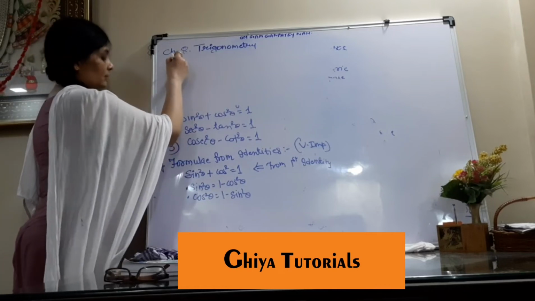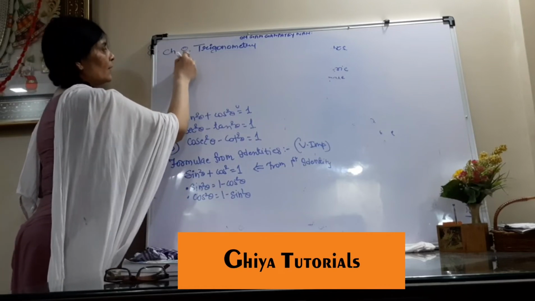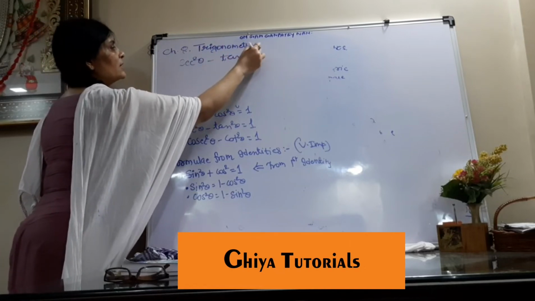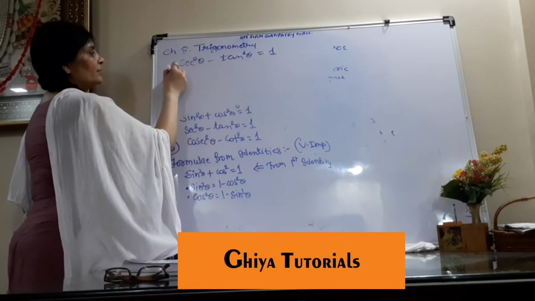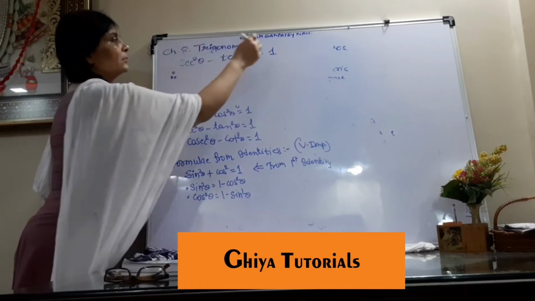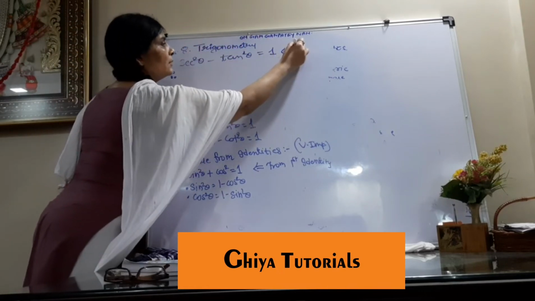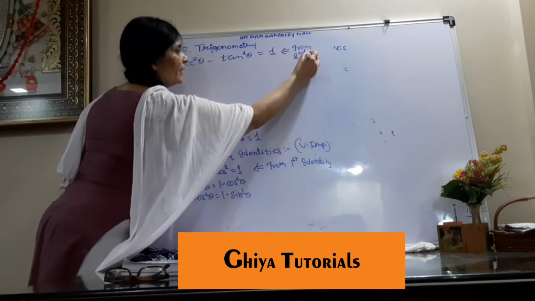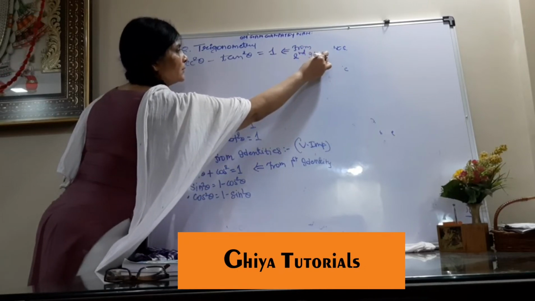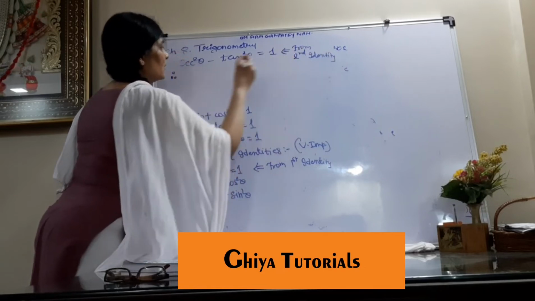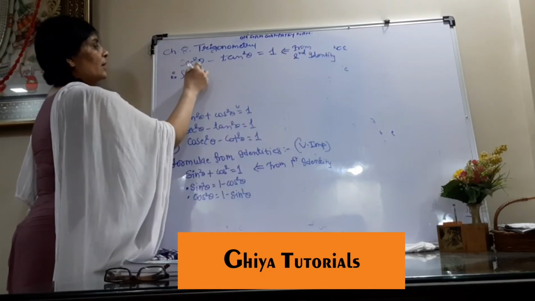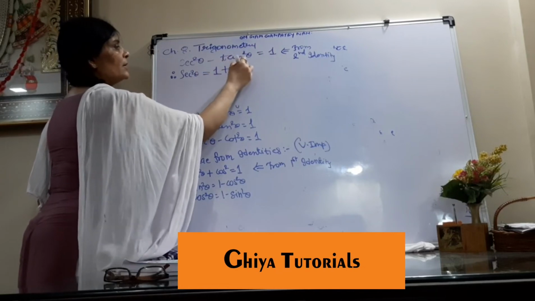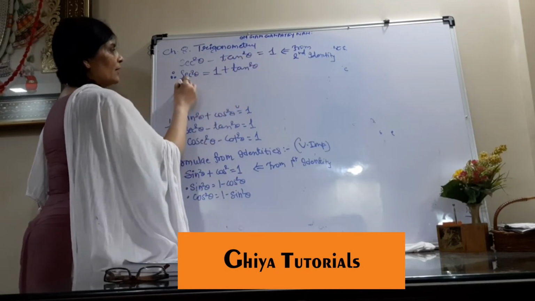See, sec square theta minus tan square theta equals 1. Therefore, from the second identity, sec square theta equals 1 plus tan square theta.